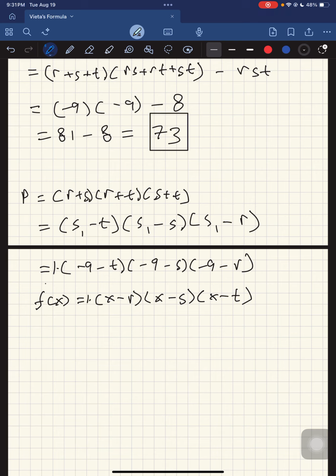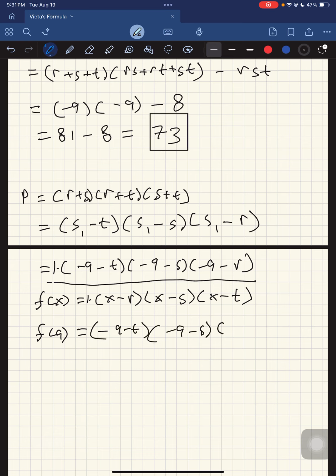And what do we notice here? Instead of x, we have negative 9. So the product that we're looking for is essentially just f of negative 9, because each of the x's is substituted with a negative 9, which is equal to negative 9 minus t, negative 9 minus s, negative 9 minus r.